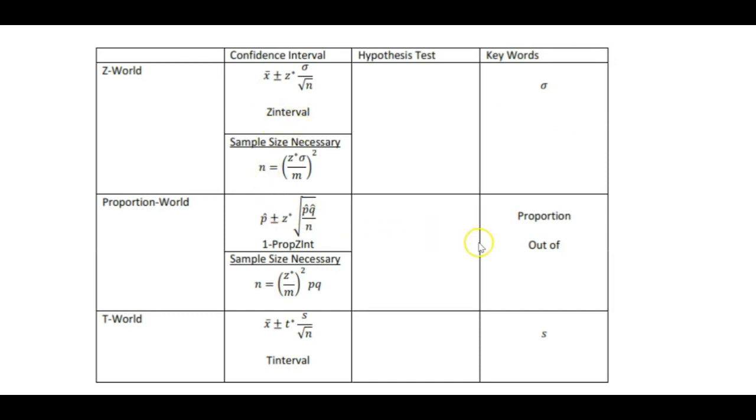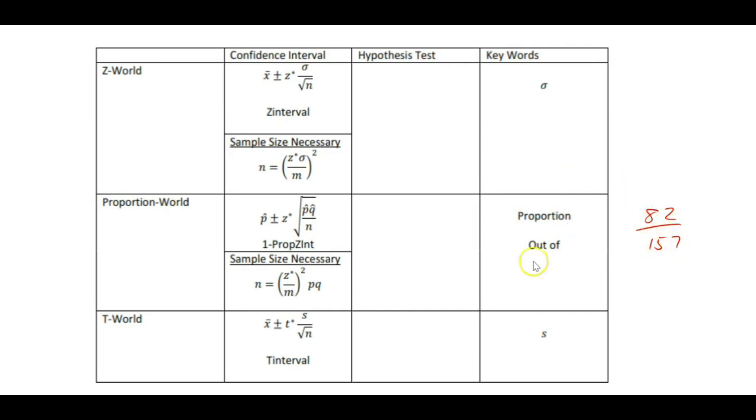Now the keyword for proportion, it might say "proportion." That's not the best way because there can be some tricky things in some of the problems that will mess you up. I think the best way is "out of." When you read a proportion problem, and we're going to practice more of this tomorrow, if you look back at the last section, you'll see that it either literally says 15 out of 30 people, 75 out of 120 people, or if it didn't literally say that, you could easily see that there's some number that goes over another, like 82 over 157.